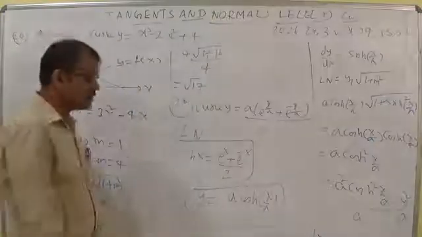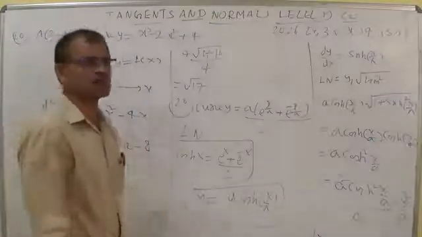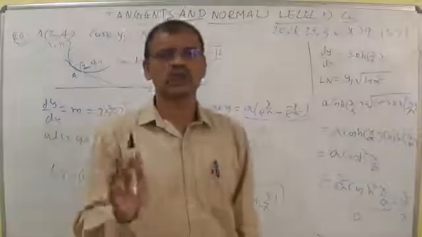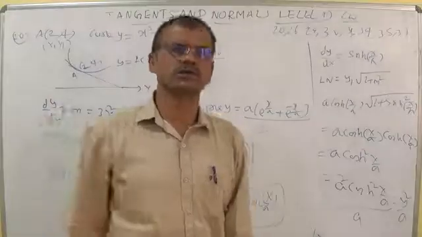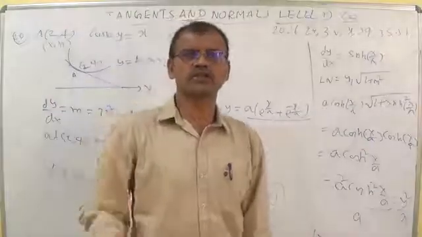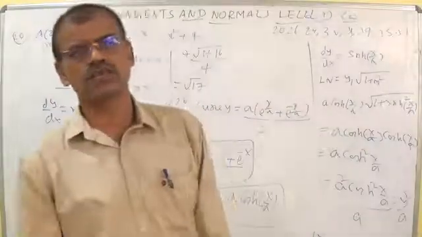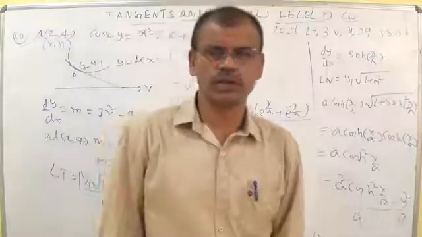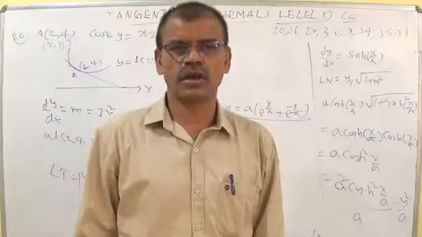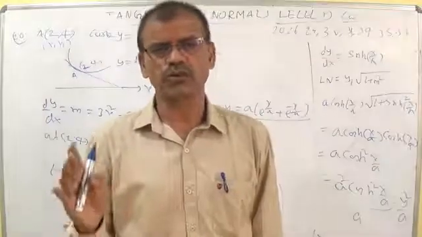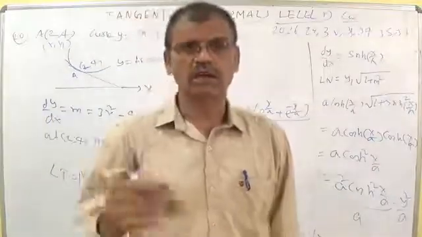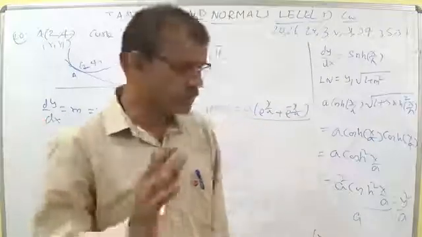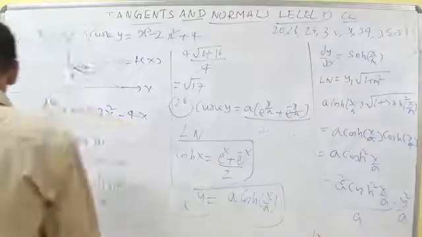So ln is equal to y square by a. Since 1 by a is a constant, ln is equal to constant into y square. Whenever ln is equal to a proportionality constant k into y square, we can say the length of normal is directly proportional to y square. So it varies as y square, that is the answer.